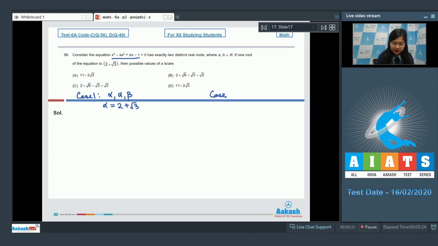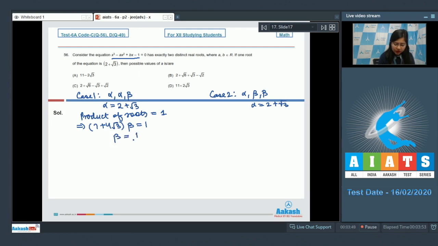and we have case 2 where the roots are alpha, beta, beta, where alpha is equal to 2 plus root 3, right? So here we have product of roots as 1, which means 2 plus root 3 whole square, that is 7 plus 4 root 3, multiplied by beta is equal to 1.